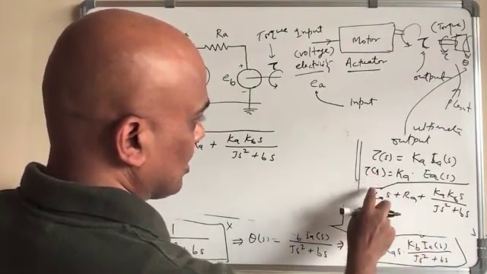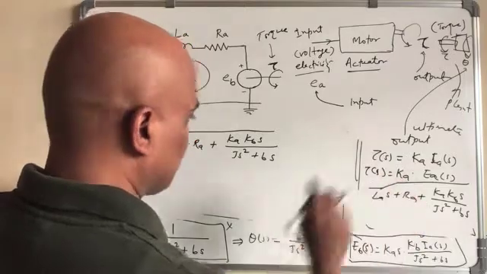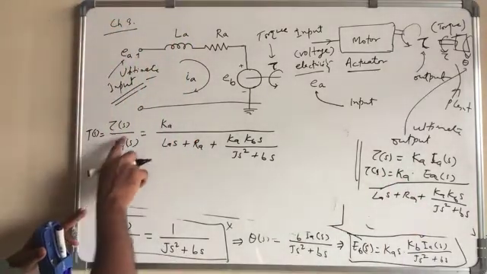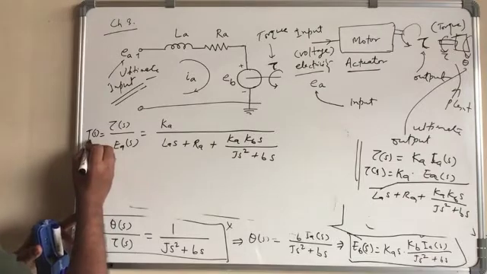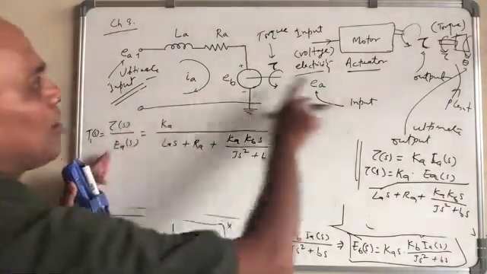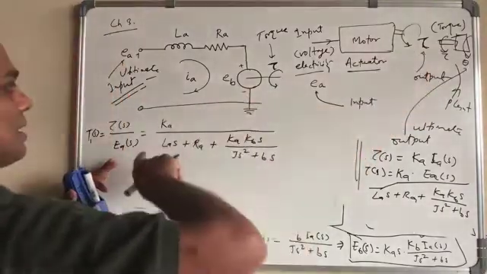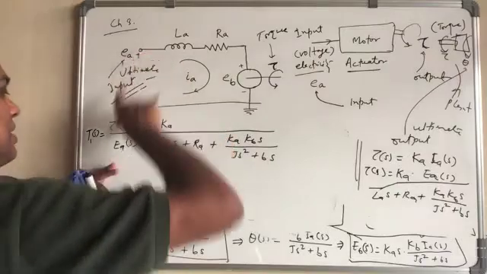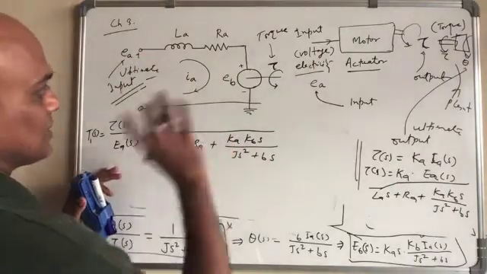Let's call this one T1. So this is the torque output divided by the input voltage, which is given by this.